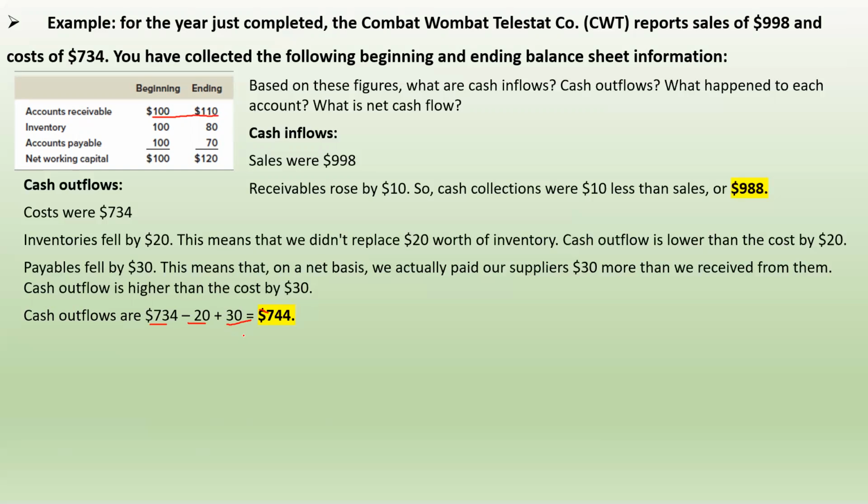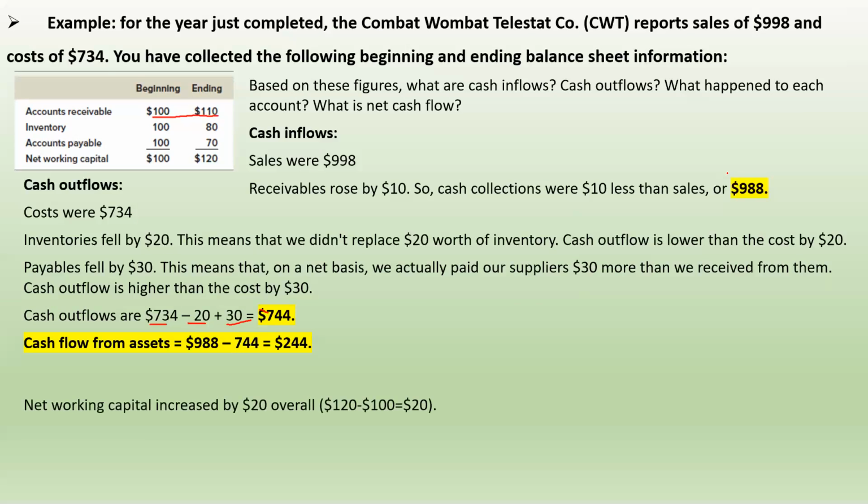So it's 744. The cash flow from assets, the cash inflows minus cash outflows, is $244.